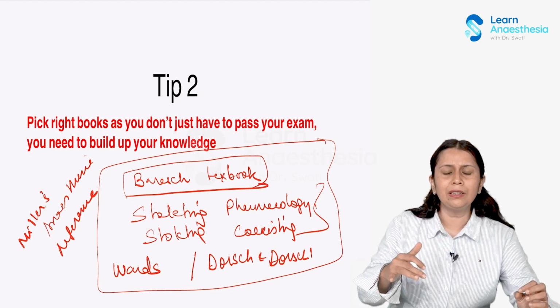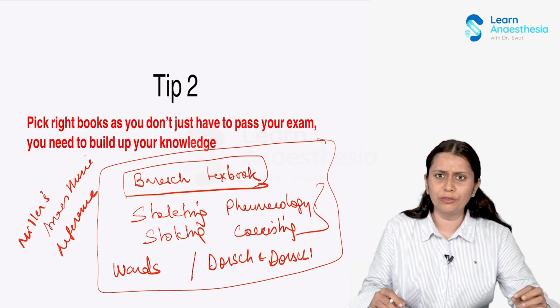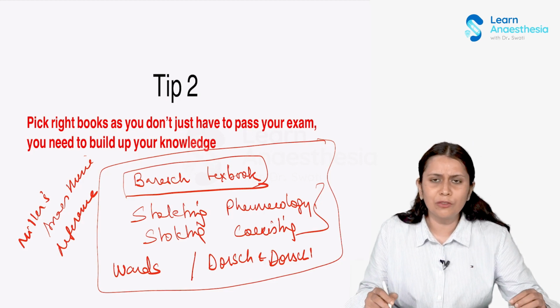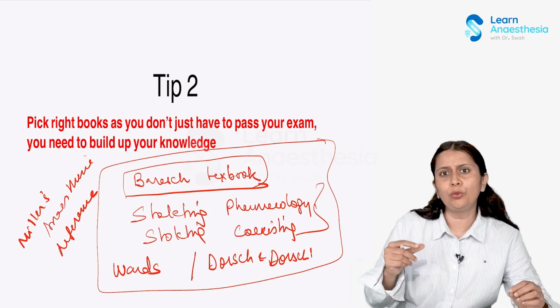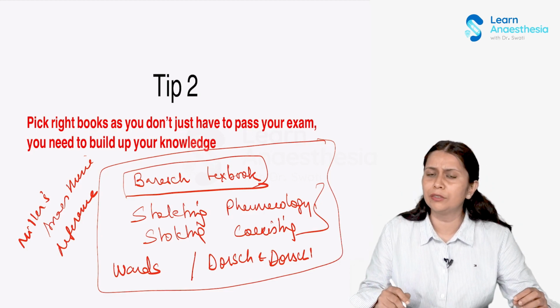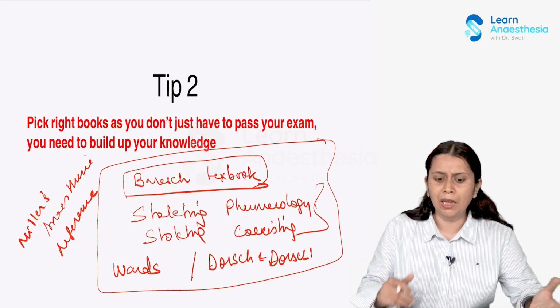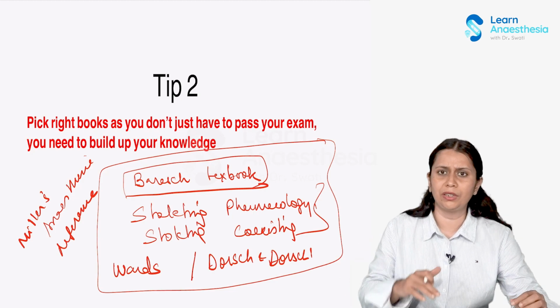So they are easy to read and give a better understanding. So go for those review articles. Number of times, if I was posted in pediatrics and I wanted to read about the physiology in the pediatric patient, I used to see the review article related to that. And definitely, they are faster and easier to cover.